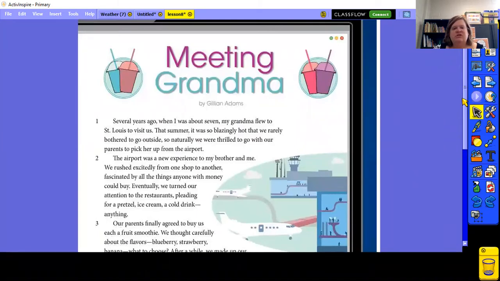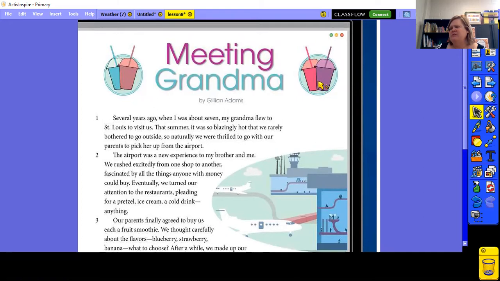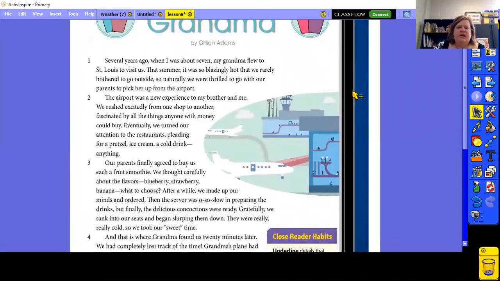So we're going to first read this story called Meeting Grandma by Jillian Adams. Several years ago, when I was about 7, my grandma flew to St. Louis to visit us. That summer, it was so blazingly hot that we rarely bothered to go outside. So naturally, we were thrilled to go with our parents to pick her up from the airport.